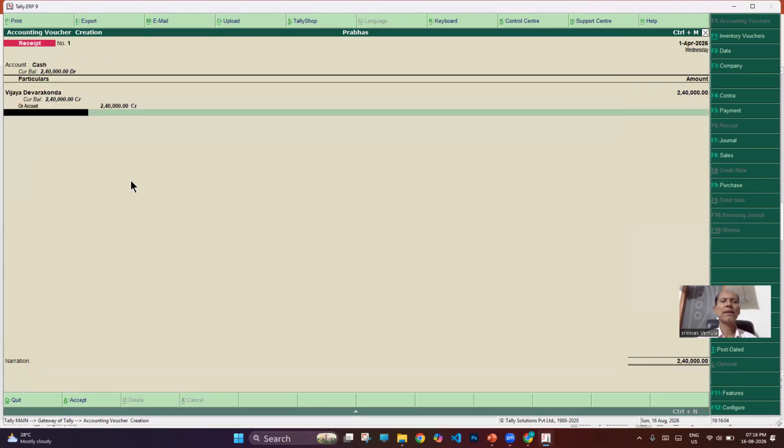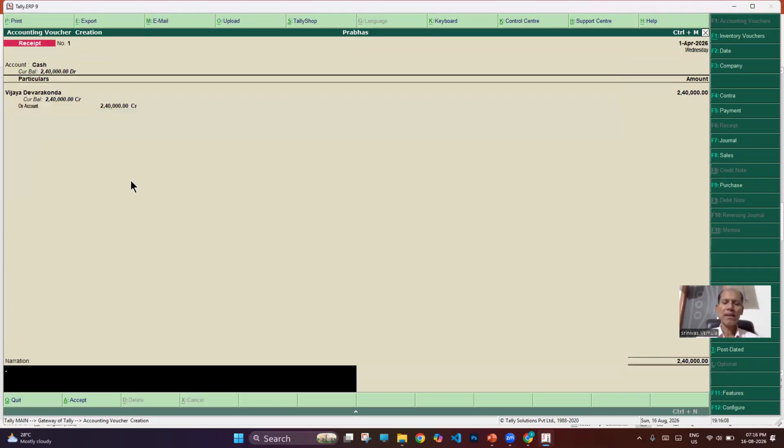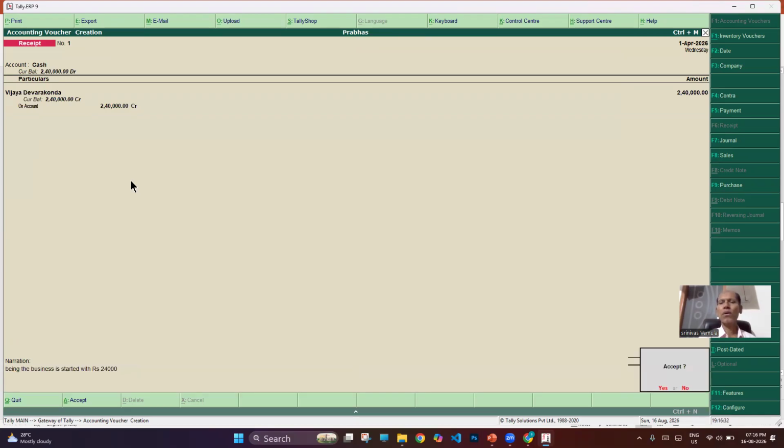Here the narration: being the business is started with rupees 2,40,000. Enter. Over. First transaction is over.